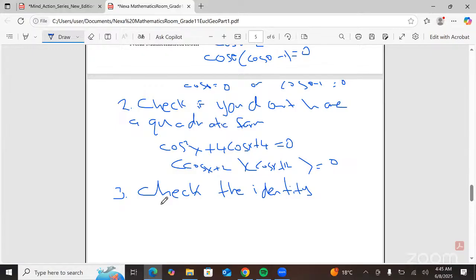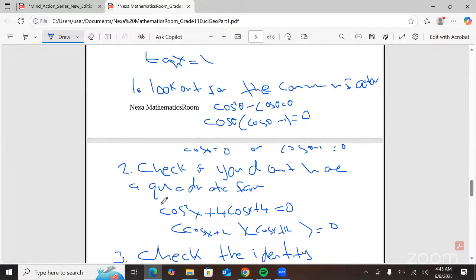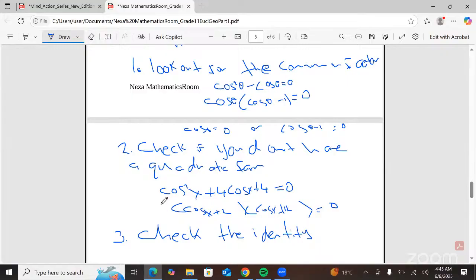Try to make something that will help you so that you find the values of x. These are the three options that you need to look for when you're working out the general solution.